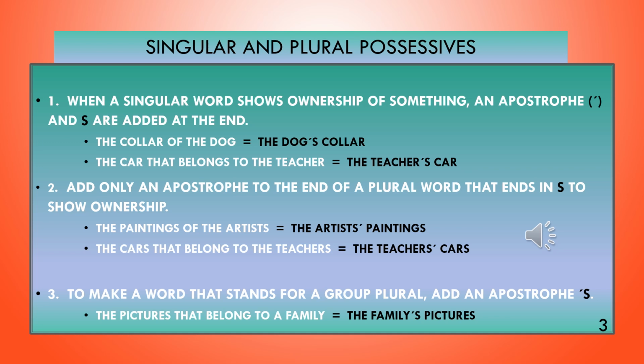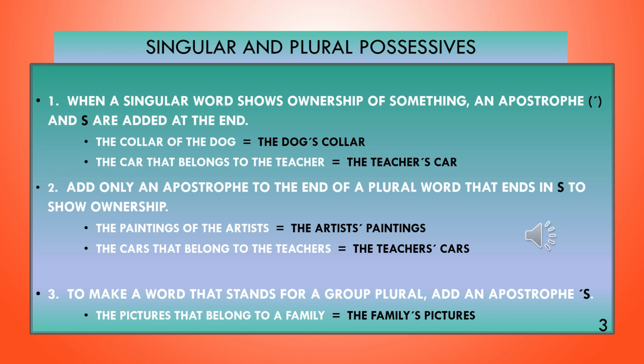Okay, number 1, when a singular word shows ownership of something, an apostrophe and S are added at the end. Let me read it one more time. When a singular word shows ownership of something, an apostrophe and an S are added at the end. Here we have the example. The color of the dog.